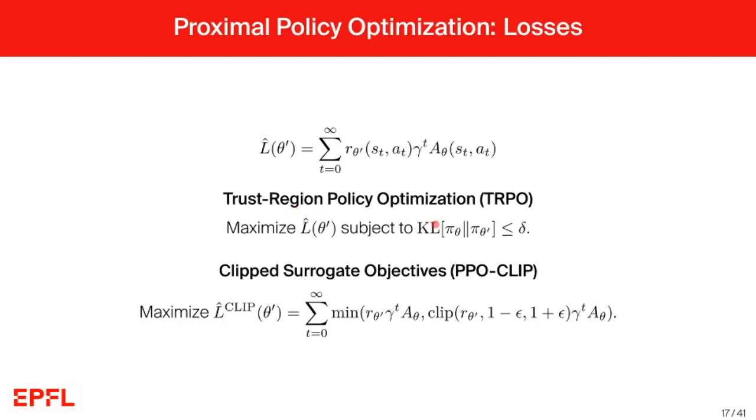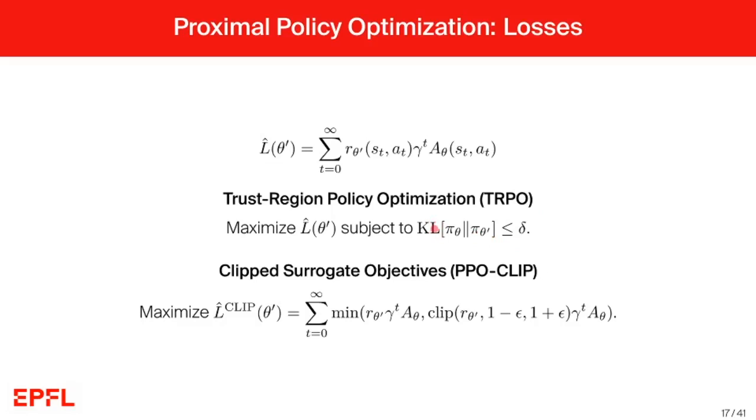One method that was proposed in 2015 is the trust region policy optimization method, where this surrogate loss, this special new loss here, is maximized subject to the constraint that the Kullback-Leibler divergence between the old policy and the new policy is smaller than some parameter delta.